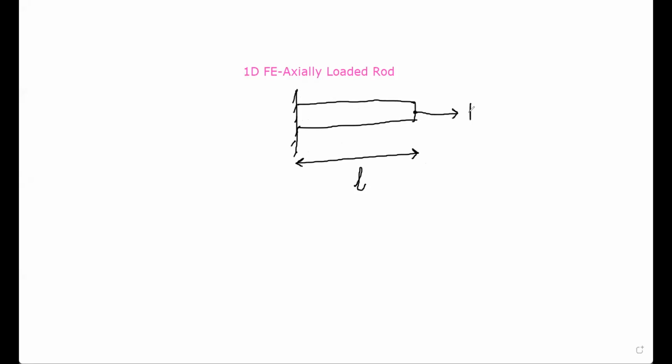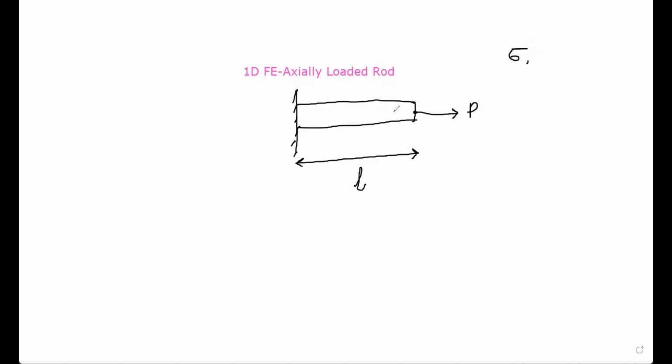Now, let us assume that we have a prismatic rod of length L. This rod at this end is subjected to a force P. Now the question says, how much is the stress in the rod at different points?